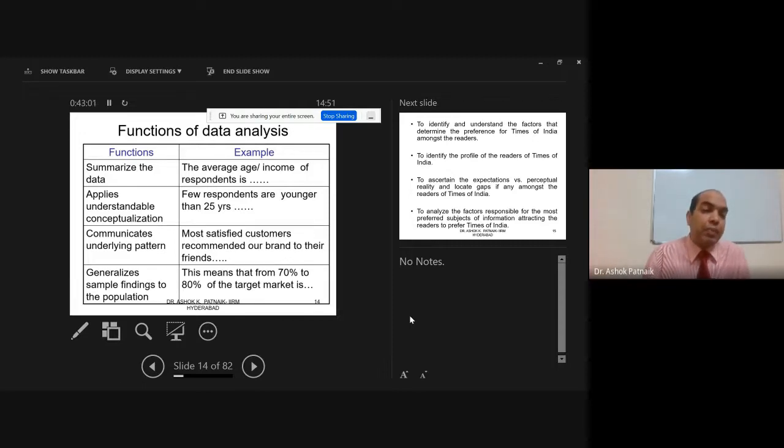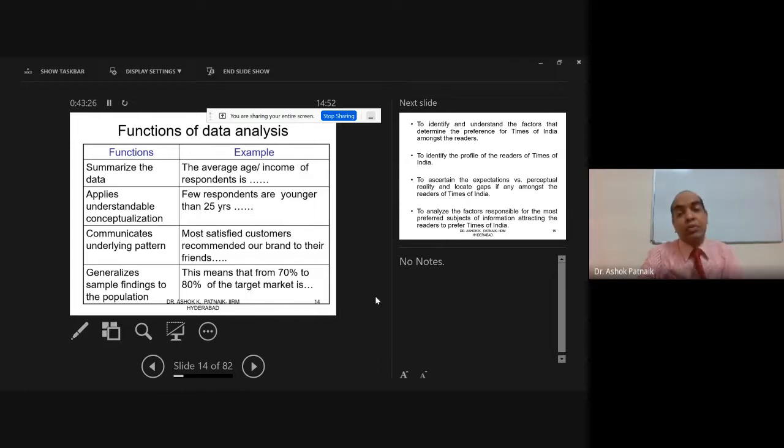Also generalizing sample findings to the population. And this means, a good example is, 70 to 80% of the target market is liking our product or buying our product, like this kind of statements. So this is how data analysis tries to bring in some kind of learning which helps you in taking a decision.